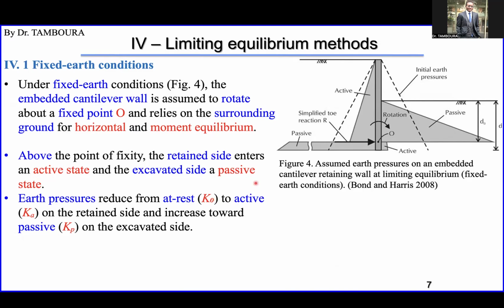Then when the soil starts moving to push on the wall, which is active, the horizontal stress of course will decrease. That's why Ka is less than K naught.